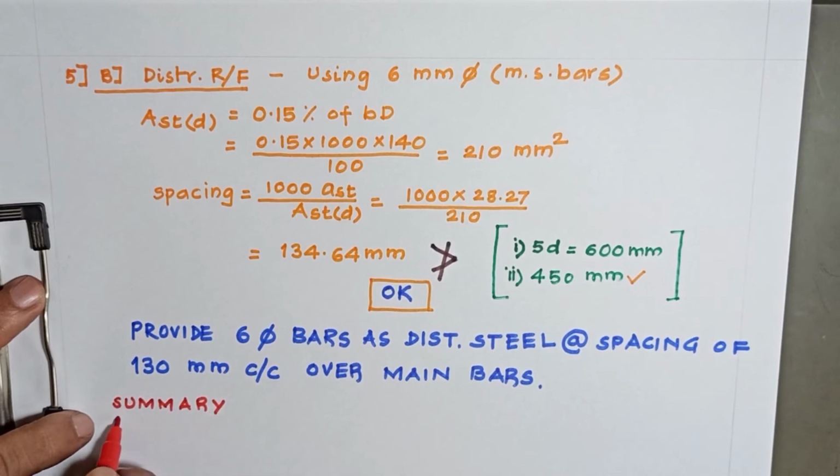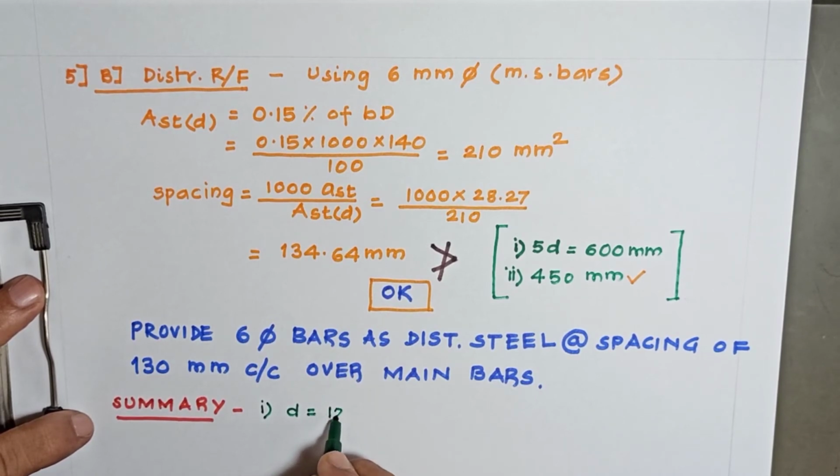So to summarize, what are the things? The first one, effective depth is 120 mm. Second one, overall depth, capital D, is 140 mm.